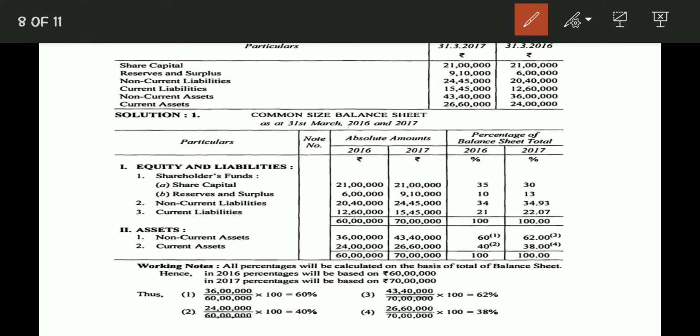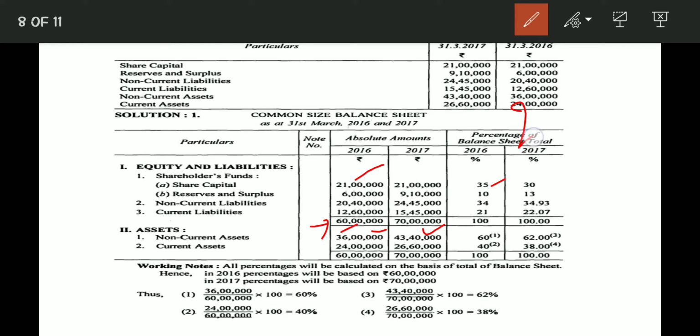Here the total is given. This is the total. 60 lakh is taken as the base and you find all the percentages on the basis of 60 lakh, and in the current year it will be 70 lakh, the total of the liability side. Okay. So first of all, share capital. 21 lakh is divided by 60 lakh into 100. We can find 35%.